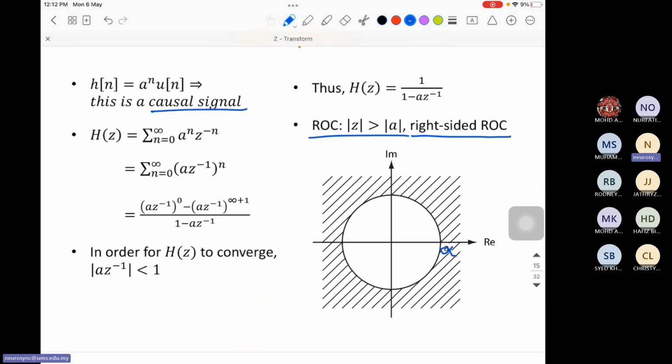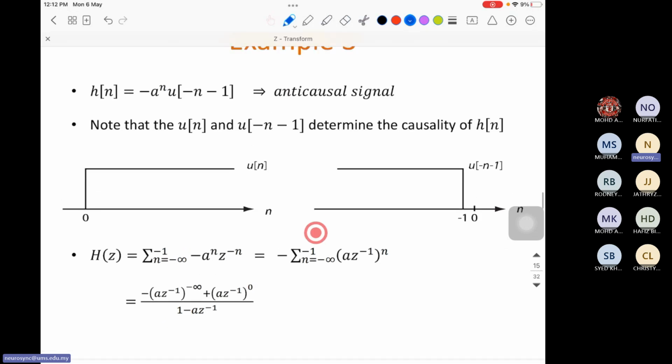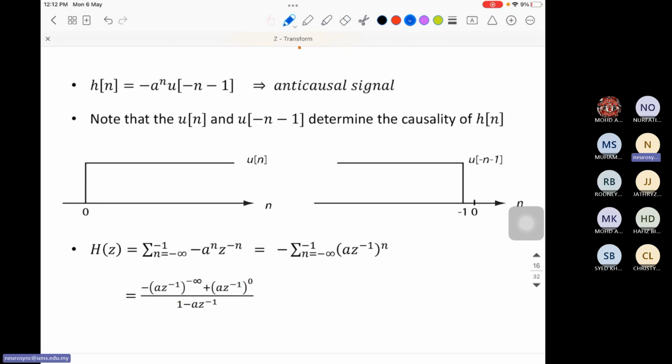So this is the causal system. Now, suppose we have the signal sequence h of n equal to minus alpha to the power n u of minus n minus 1. How do we draw u of n? u of n has value 1 for the positive half, from 0 onwards.